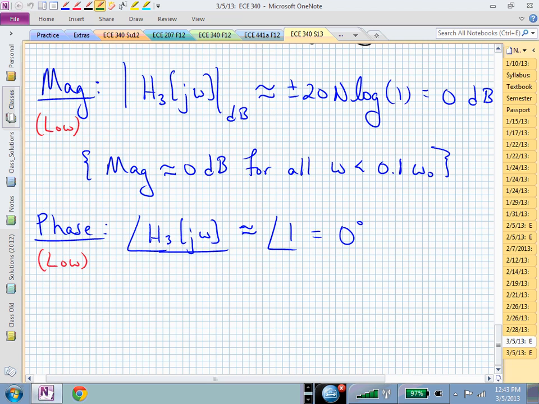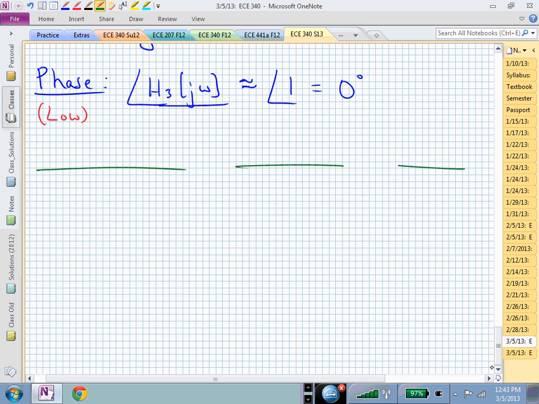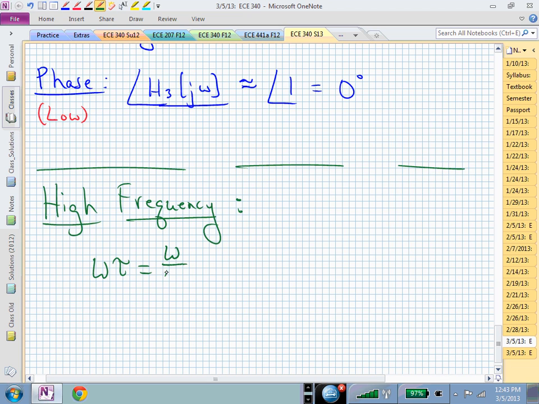We can now look at the same scenario if we had high frequencies. For the high frequency case, now we're saying that this omega times the time constant tau, or omega divided by the break frequency omega naught, is much bigger than 1.